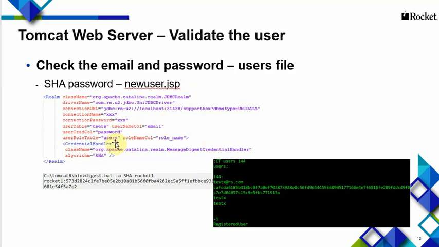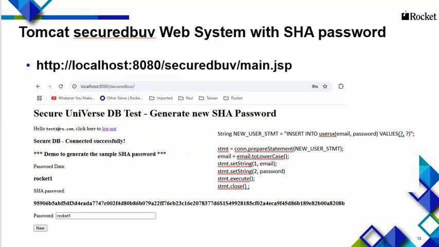The table will be specified here: if you have a table called users, then the column name will be row_name, and it will automatically validate whether your user is valid or not. So after you set up the environment correctly, if you run it in UniVerse, you do something very similar.